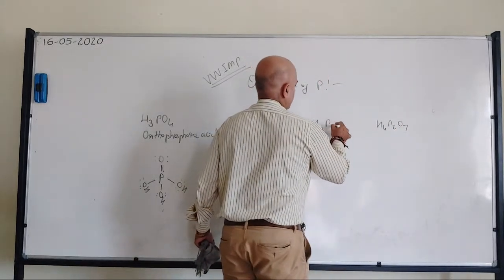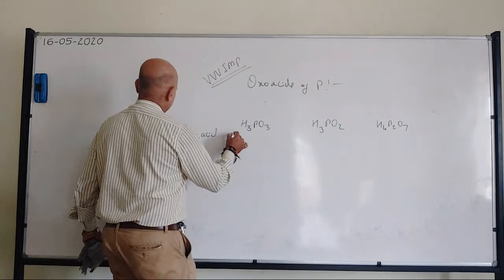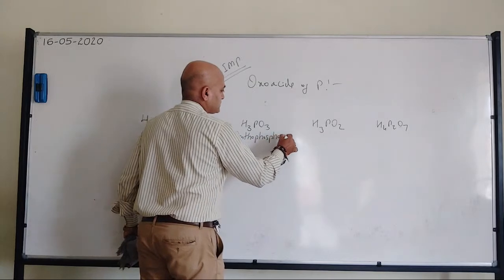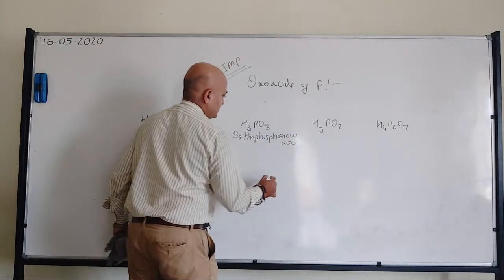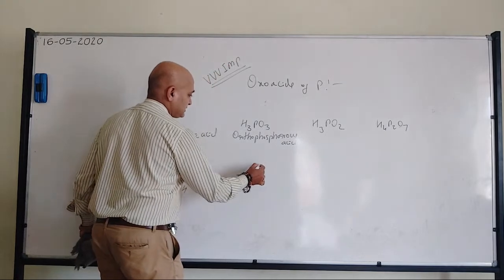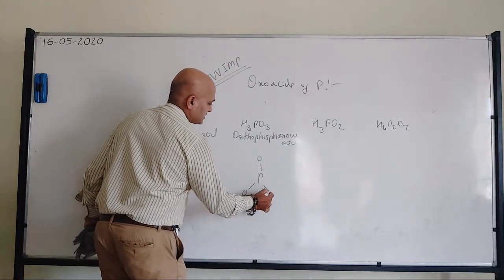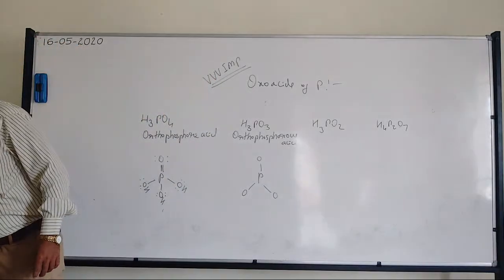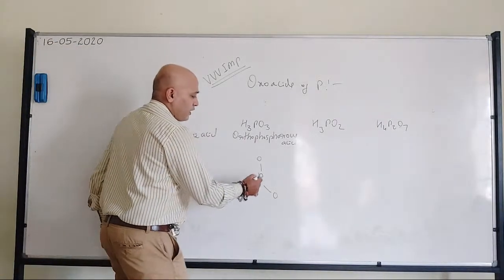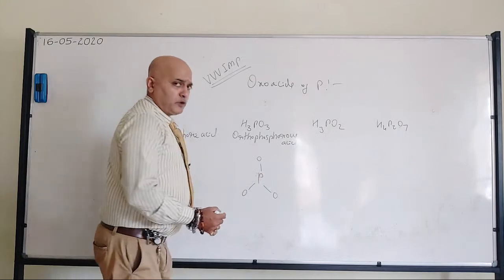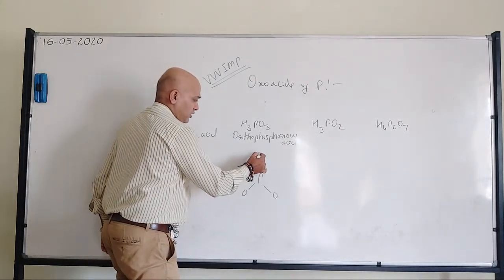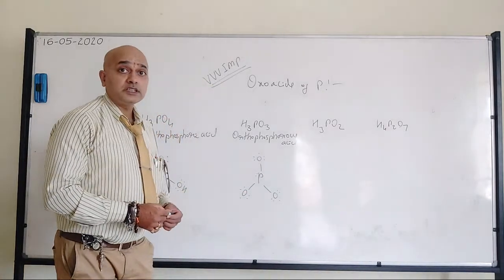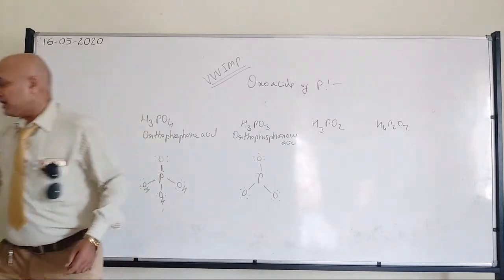Okay, so this is orthophosphorus acid. Naturally, we have the phosphorus and 3 oxygens. Right? I have the phosphorus and 3 oxygens. Now, phosphorus is left over with one lone pair of electrons, and each oxygen with one lone electron and 2 lone pairs of electrons. The oxygens are unhappy now. Right? So what will they do?